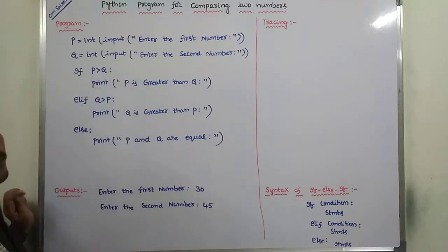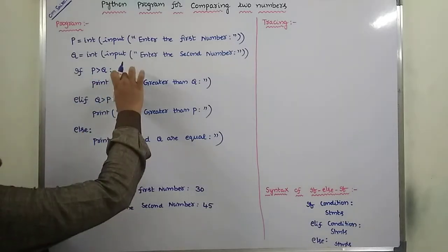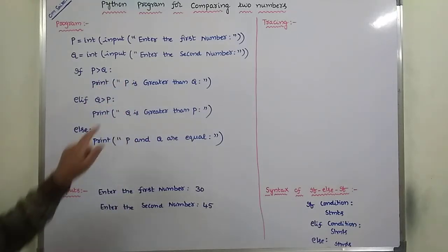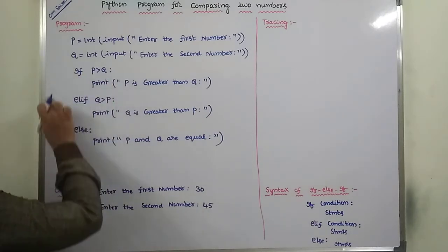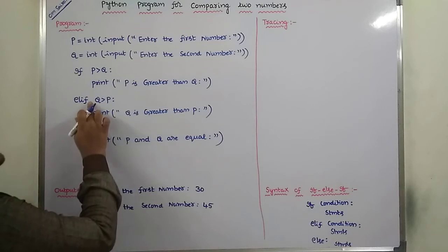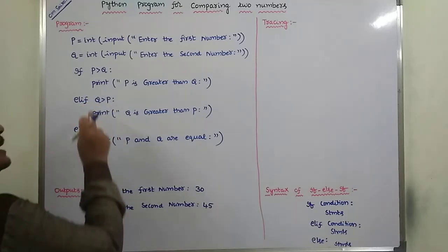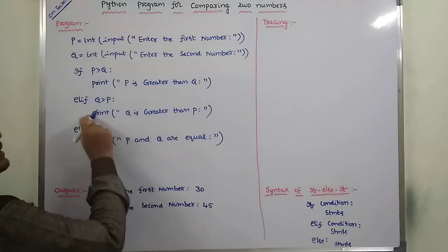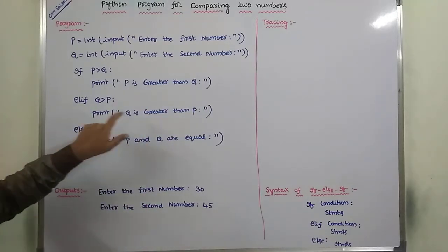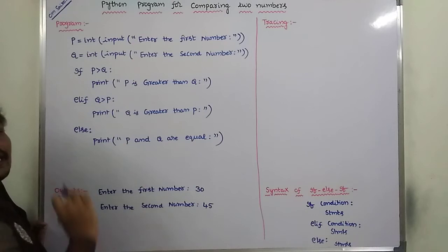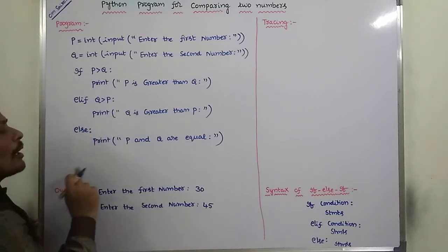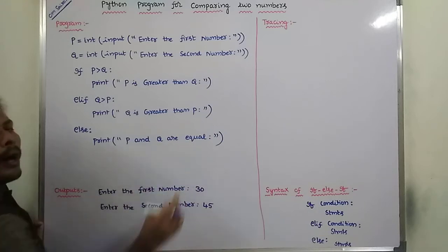If P is greater than Q and this condition is true, the statement within the if block is executed, that is, P is greater than Q. Suppose this condition is false, then go to the elif block, where the condition is Q greater than P. If Q is greater than P, this condition is true and the statement within the elif block is executed: print Q is greater than P. Suppose this condition also fails, then go to the else block, where we print P and Q are equal.